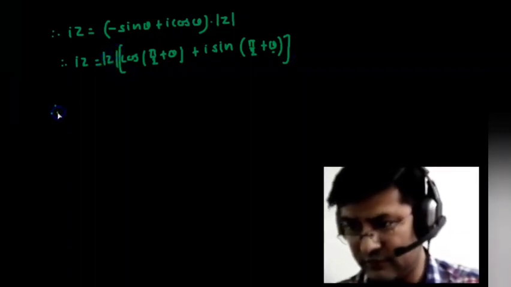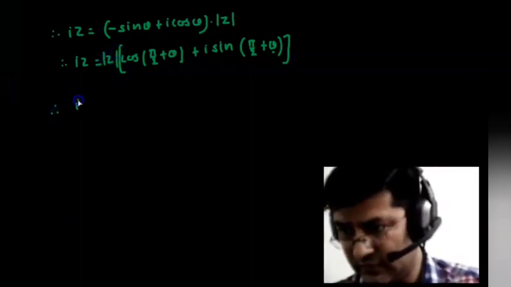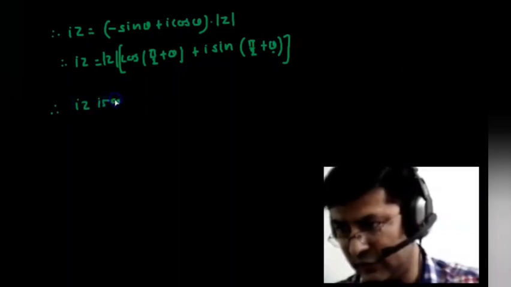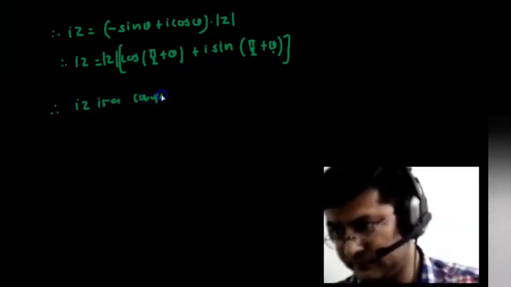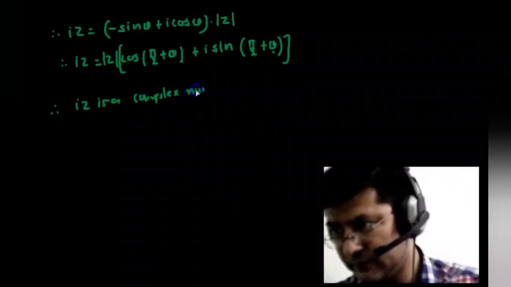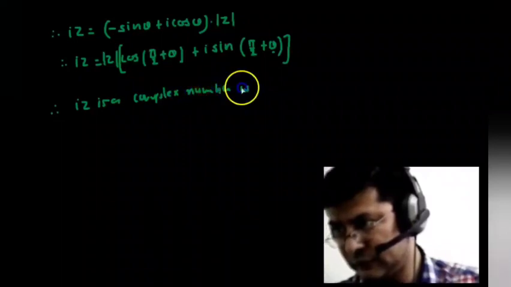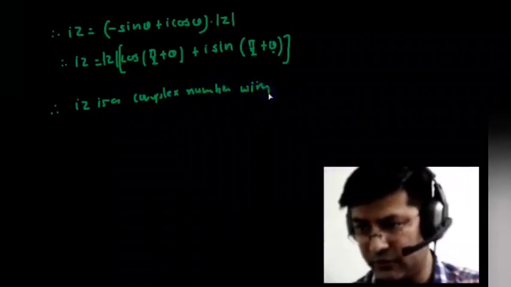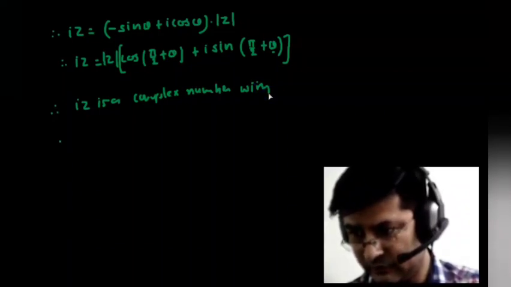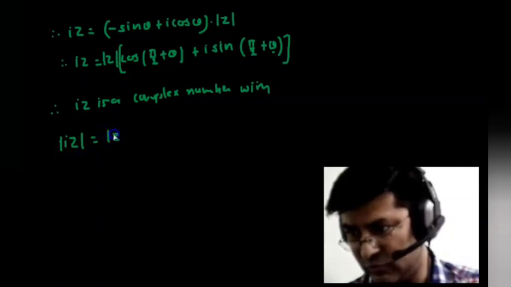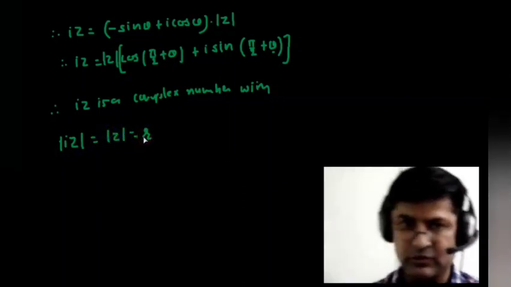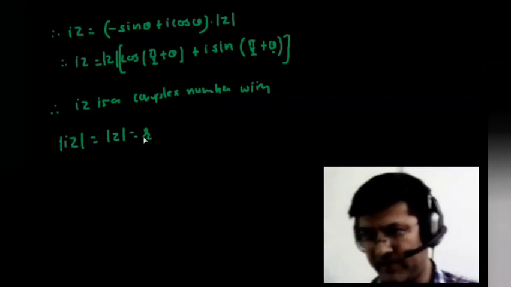And therefore we come to know that iz is a complex number whose magnitude, modulus of iz, is equal to modulus of Z, which is denoted by r.